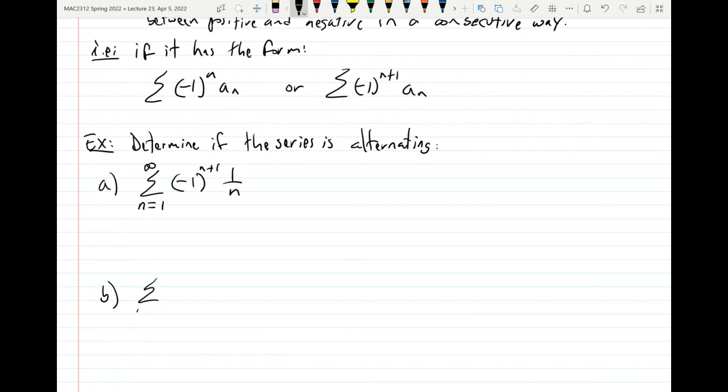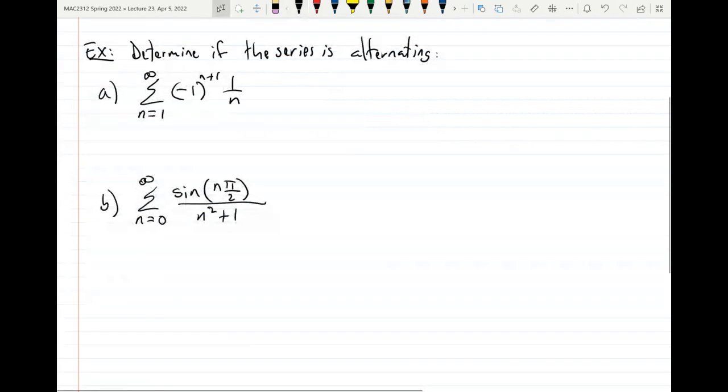And I'm going to write here the sum from 0 to infinity of sine of n pi over 2, over n squared plus 1.